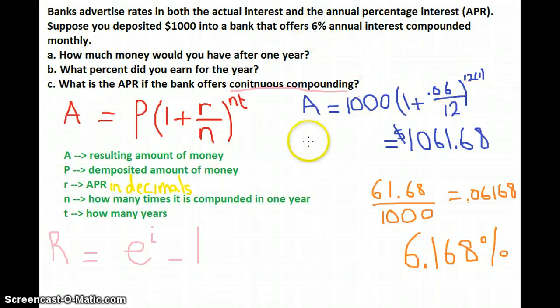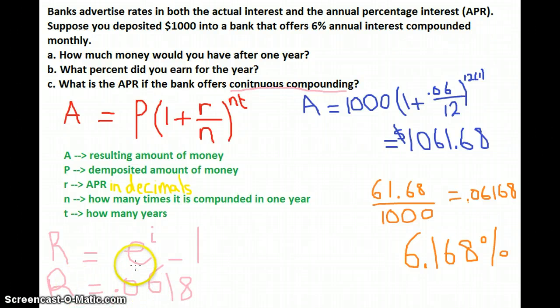So instead of R, now we're calculating R for compounding continuously. So now I doesn't mean, or R doesn't mean the 6% anymore, I does. So I does mean 6%, and R is what we're calculating. So when you see continuous compounding, now I is the percentage that was given to you in the problem.